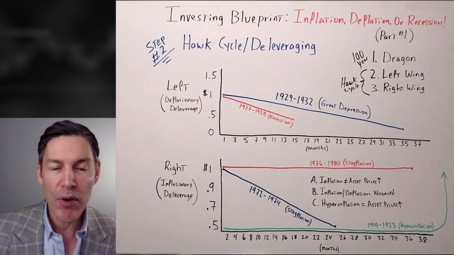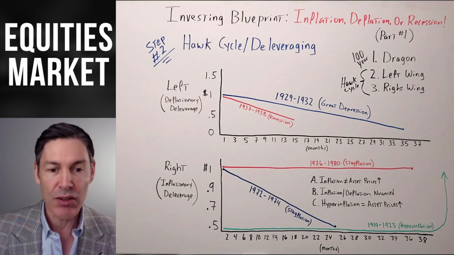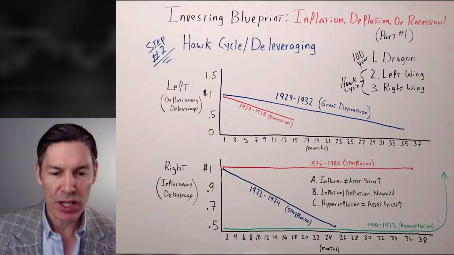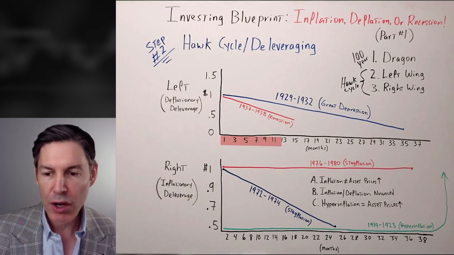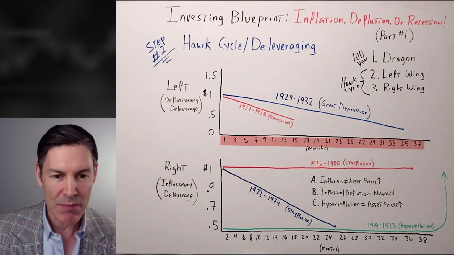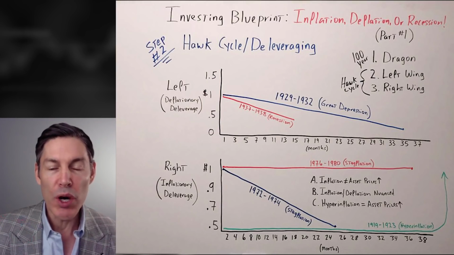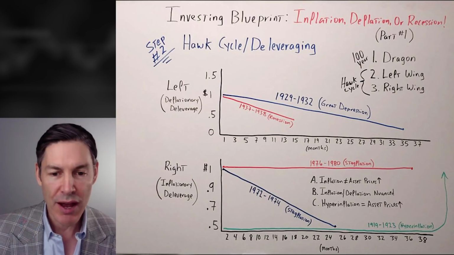These charts represent the equities market, so the stock market. It indicates the number of months the deleveraging lasted, from 1 month all the way to 37 months. And on the left-hand side, it goes from 0 up to 1.5. So this is what $1 invested would have done during that time period.